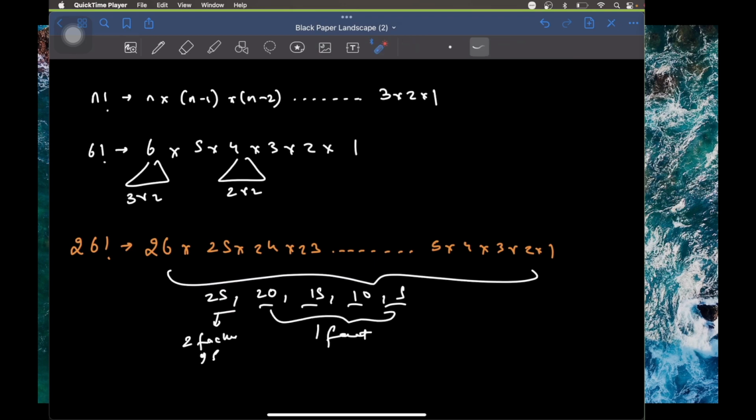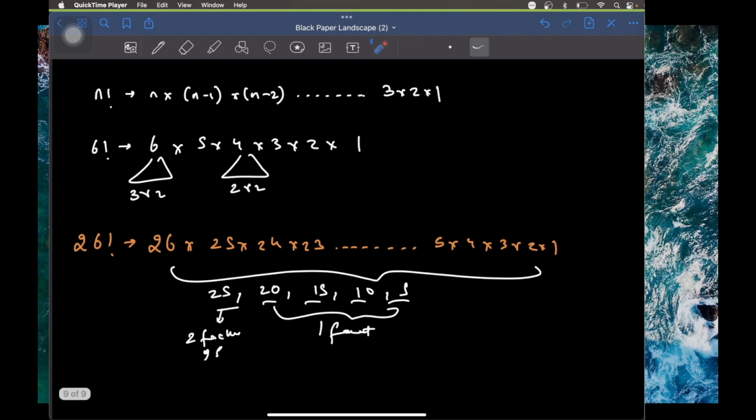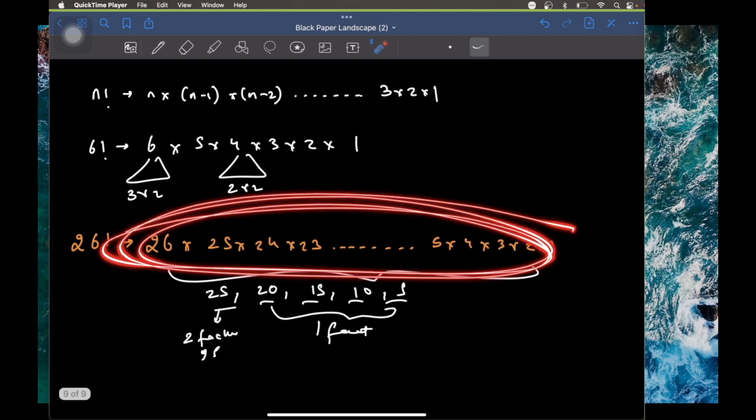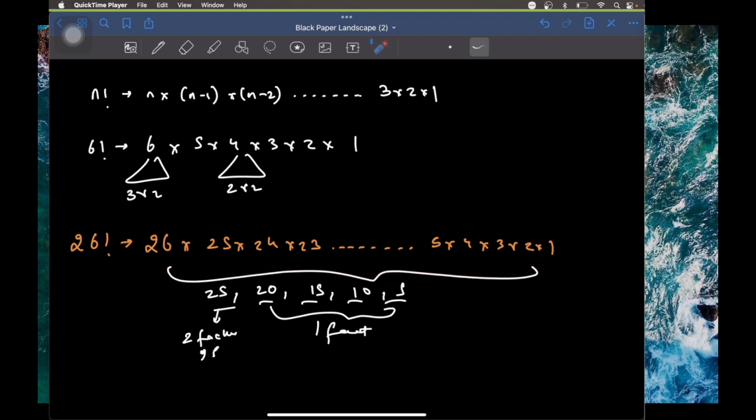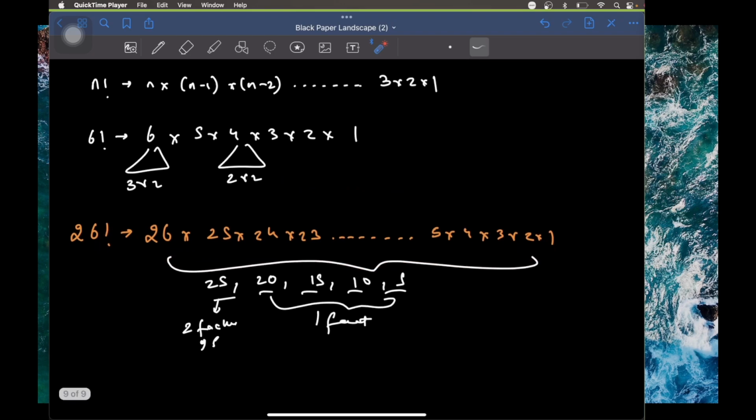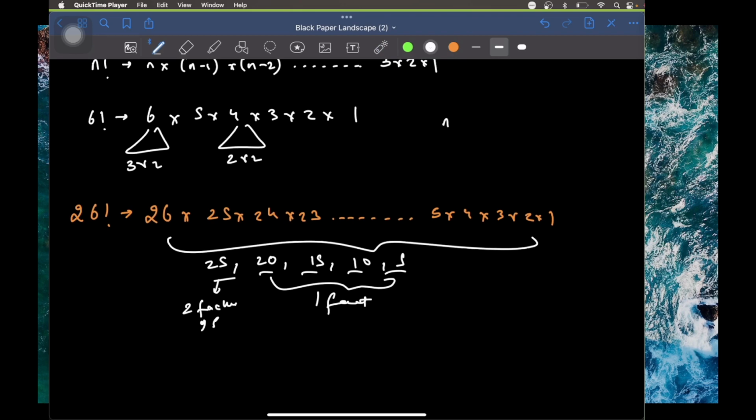So can I say in this region, if I calculate these 5 numbers, every number has at least 1 factor of 5. Okay. So if I have to make 5 pairs of 5 into 2, I can definitely make 5 pairs of 5 into 2 here. Can I say that? Now, how do you know, if let's say I'm calculating some n factorial, how many numbers are there which are having at least one factor as 5?